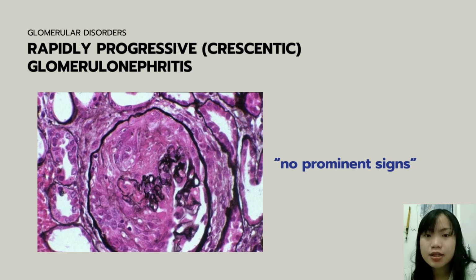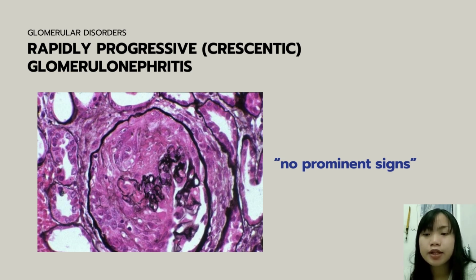Ang patients din na may immune systemic disorder ay pwede mag-develop ng RPG or rapidly progressive glomerulonephritis. For example, yung SLE or systemic lupus erythematosus.